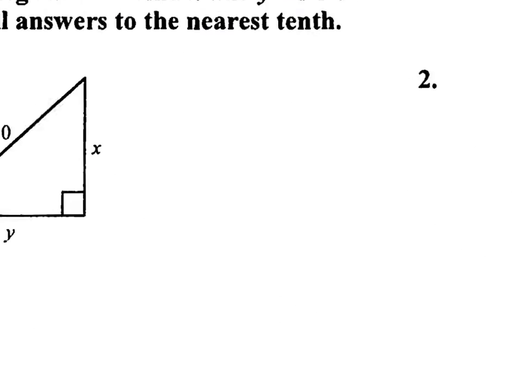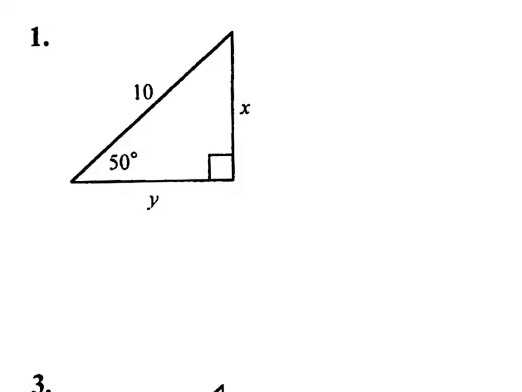So the first thing it says to do is to label our sides. So what would we label the 10 as? Hypotenuse. H. Okay, what would we label the x as? Opposite. Remember, we're always talking about the angle that's given, so the 50 degrees. So the x is opposite the 50. The y is the adjacent.